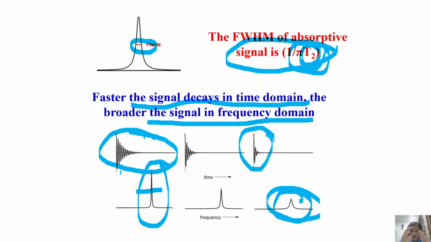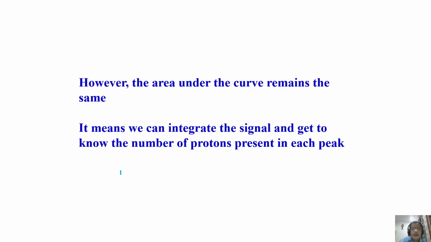I told you in one or two classes while doing the shimming, you have to ensure that the signal decays for a long time. You use the lock signal to tune the homogeneity when you are shimming the shim coils, and finally you get better homogeneity. Essentially, you will see that the free induction decay decays for a longer time. The longer it decays, the sharper the signal in the frequency domain.